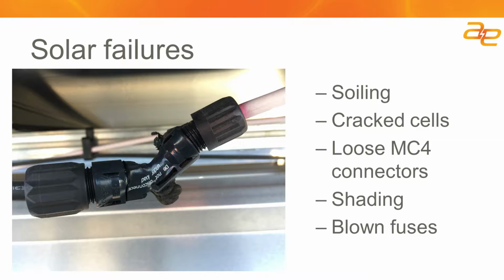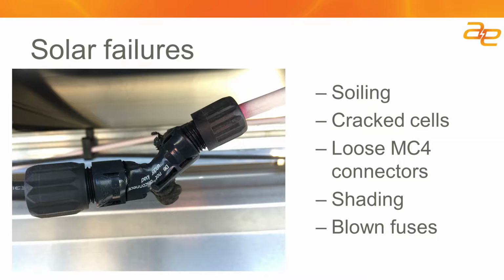Those are the types of failures that you're going to see within the first couple months of the site running at full capacity. Shading is certainly an issue. Trees will affect shading on modules. Sometimes I've seen solar sites that are built underneath transmission lines, and the transmission towers will shade modules. So that's not uncommon, but finding those things can be a little bit tricky.